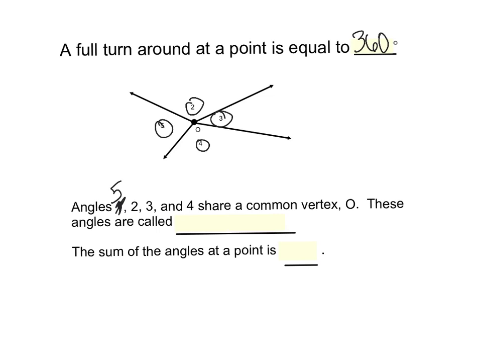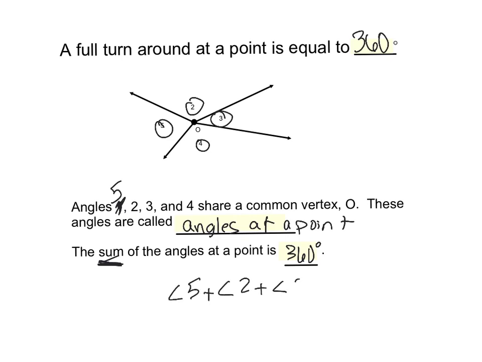So angles 2, 3, 4, and 5 share a common vertex, O. These angles are called angles at a point. And the sum of these angles is 360. We all know sum means adding them together. So if you added angle 5 plus angle 2 plus angle 3 plus angle 4, you would get 360 degrees.